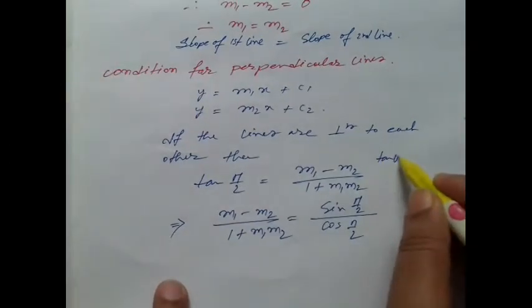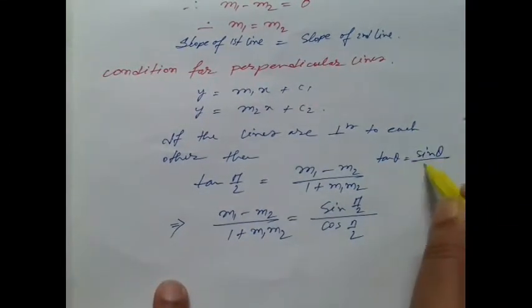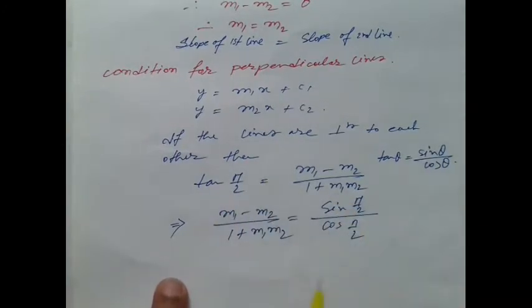As we know, tan theta equals sin theta by cos theta, so we can write sin pi by 2 by cos pi by 2.